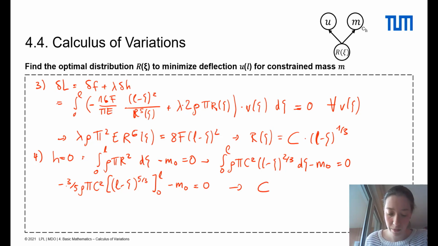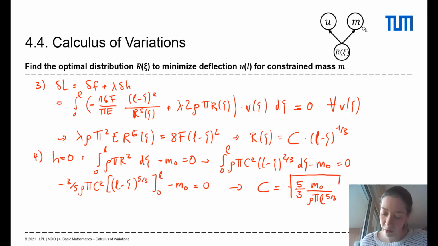So building this derivative, that cancels. Here we got minus and then L, so that's plus. Take that on the other side. We have C equals the square root of 5/3 times M0 over rho P L to the power of 5/3.